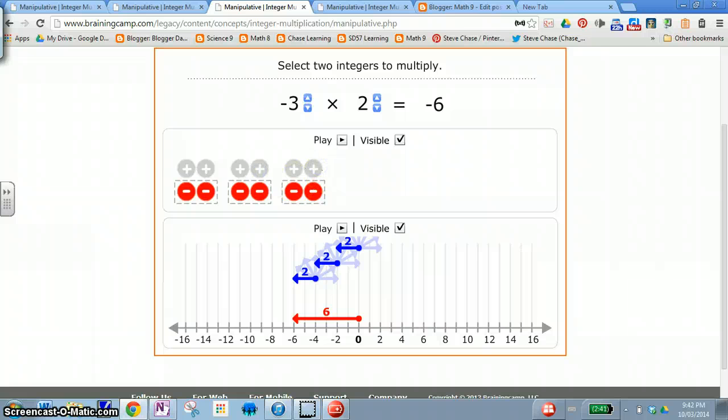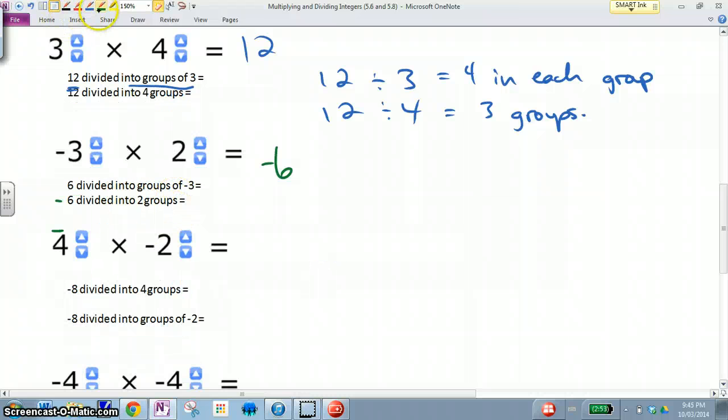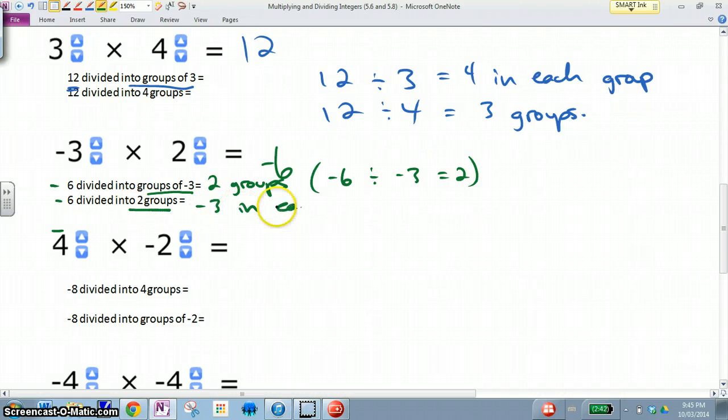Or -6 divided into 3 groups equals -2 in each group. If we talk about that -6 divided into groups of -3 equals 2 groups, mathematically, negative 6 divided by negative 3 equals 2. Negative 6 divided into 2 groups equals negative 3 in each group. Or mathematically, negative 6 divided by 2 equals negative 3.